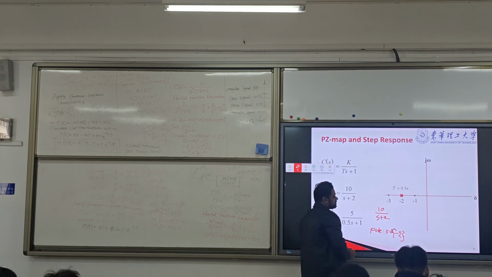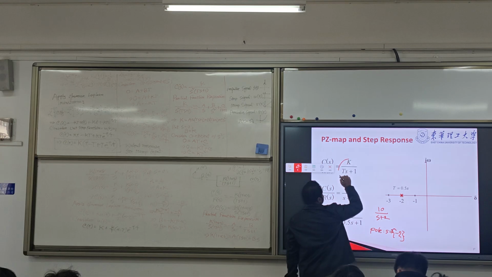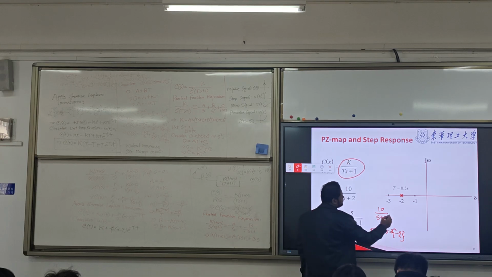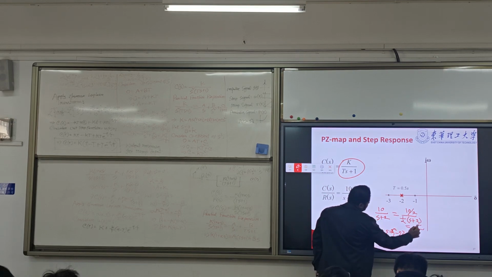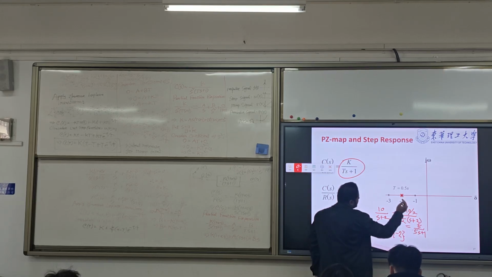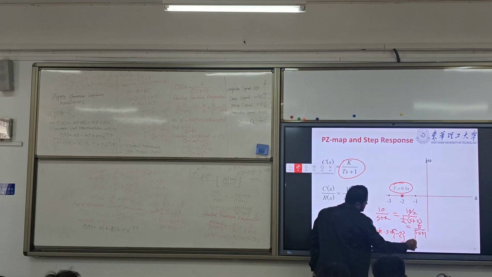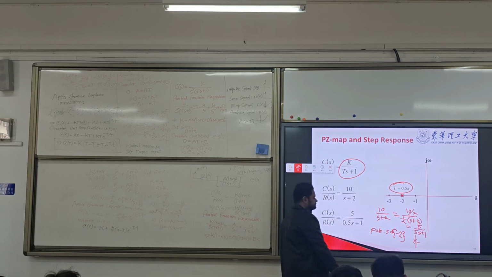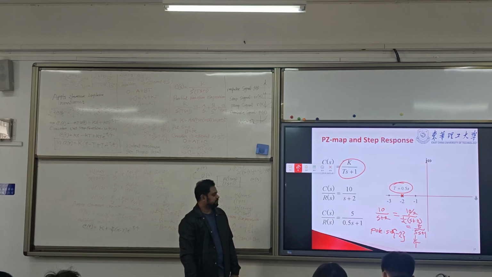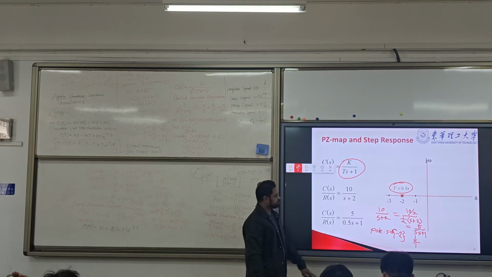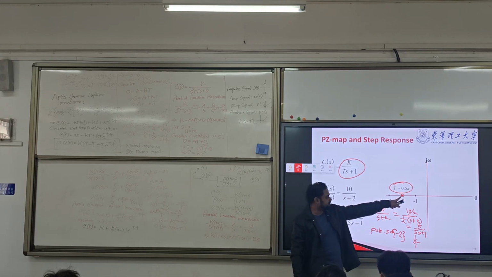Our equation is K by Ts plus 1, so you need to convert it. 10 by 2, half s plus 2. So this is 5 by 0.5s plus 1. So T is 0.5. Second one, and the pole is -2 here.